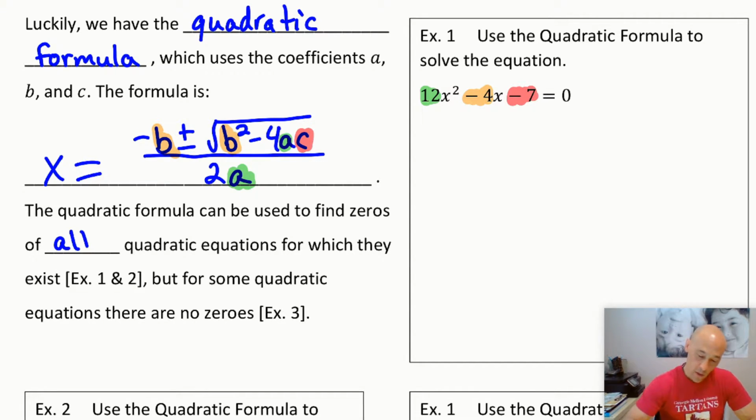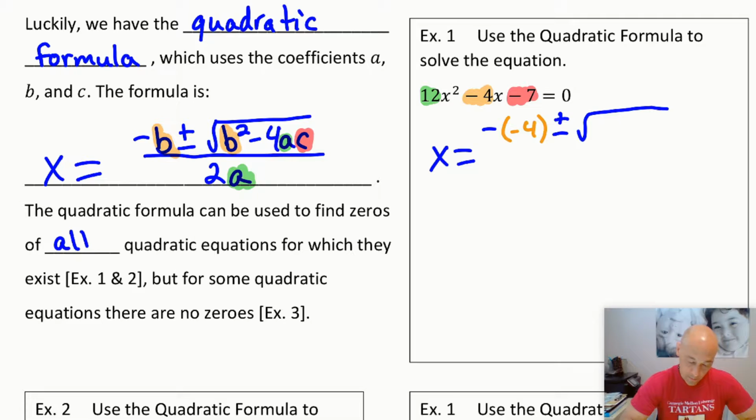All right, so in my quadratic formula, I have x equals negative b, and b is negative 4. I'm going to put that in parentheses. It's important to put that in parentheses, so make sure you do. Plus or minus the square root of b squared. b is negative 4, again put that in parentheses, otherwise you can run into some trouble as you're working on this.